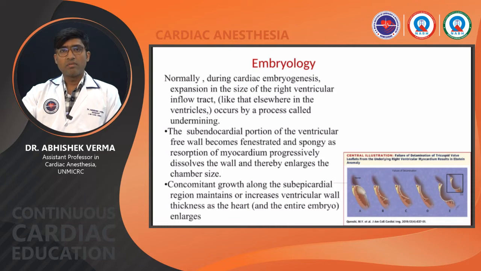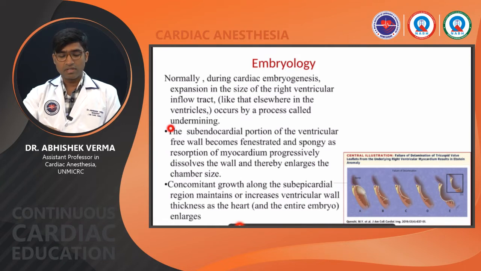Starting with the embryology, as we know, during cardiac embryogenesis, expansion in the size of the right ventricular inflow tract, like elsewhere in the ventricle, occurs by a process called undermining. It is important because this is a point we have to focus on again on the next slide.